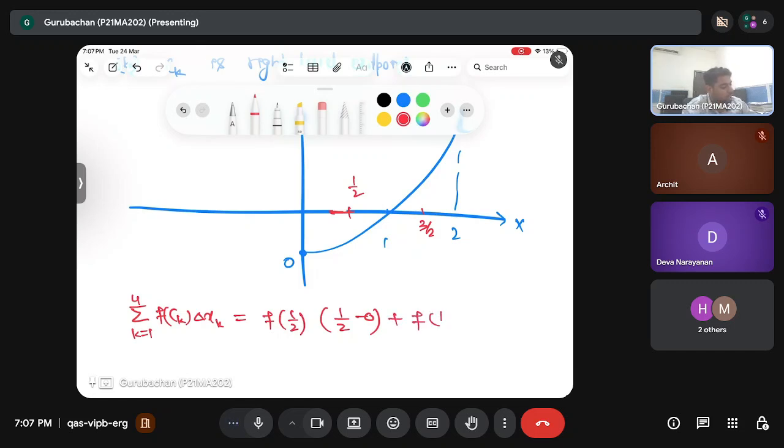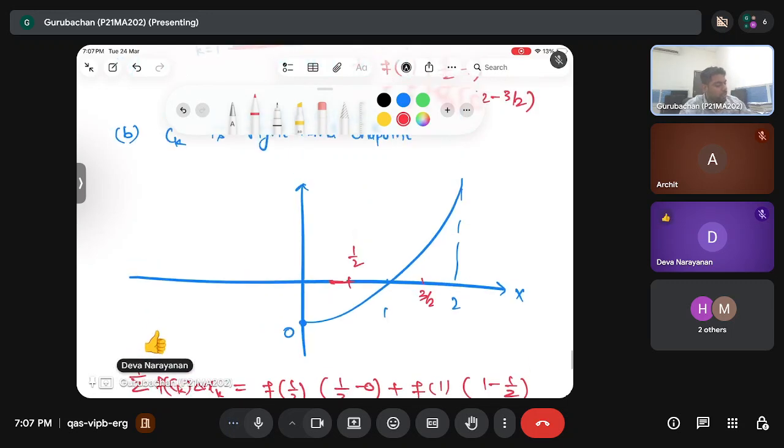Next one will be f of 1 times 1 minus half. Third one will be f of 3 by 2 times 3 by 2 minus 1, and the fourth one will be f of 2 times 2 minus 3 by 2. Is it clear to everybody?